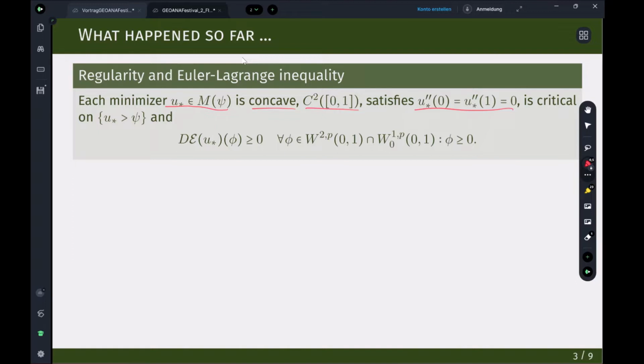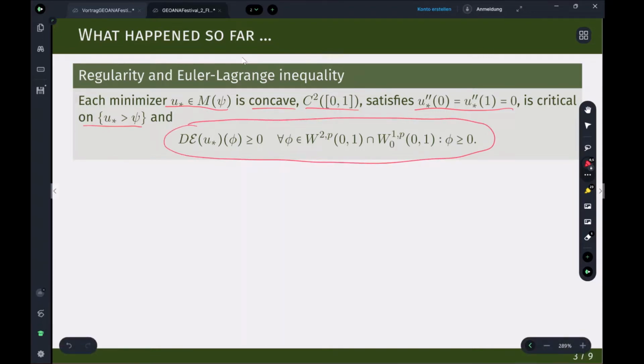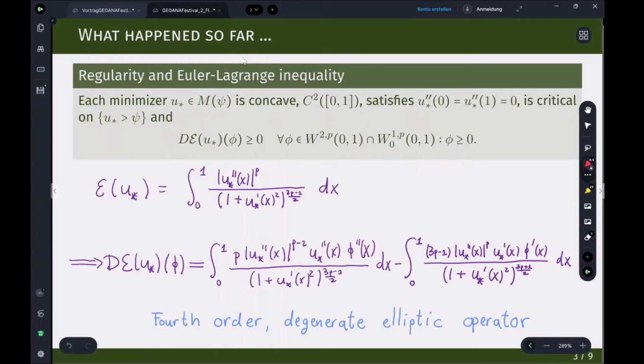Such a minimizer is a critical point, so a solution of the Euler-Lagrange equation, wherever the obstacle is not touched. Globally, it is a super solution: if you perturb with a positive function, then the derivative takes positive values. This is something that we haven't used in the last video, but it is important to recall since we will use it heavily.